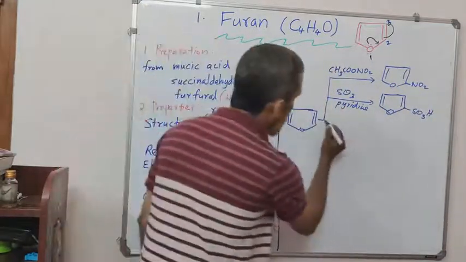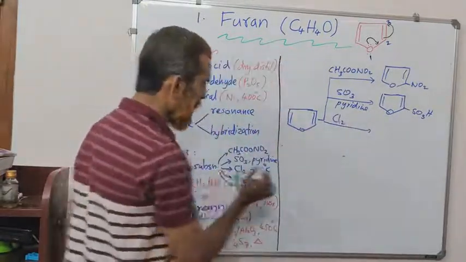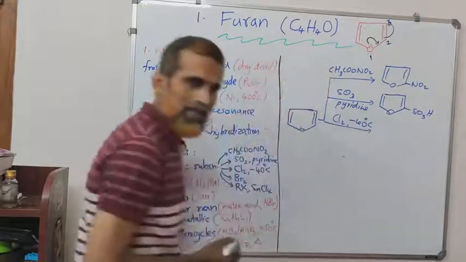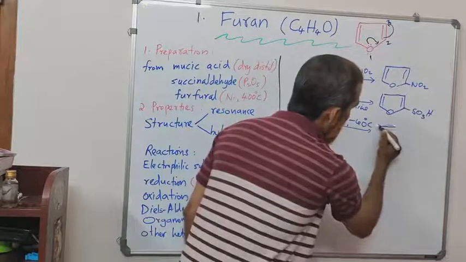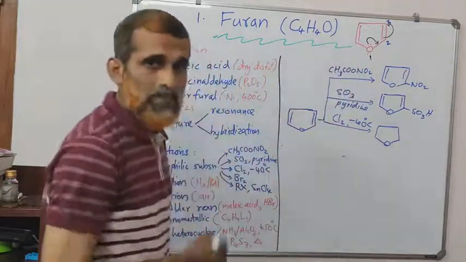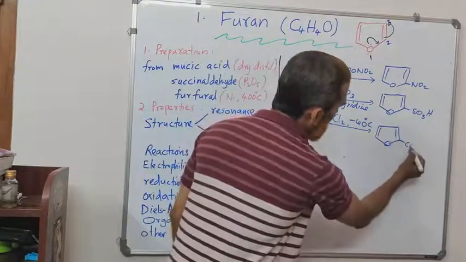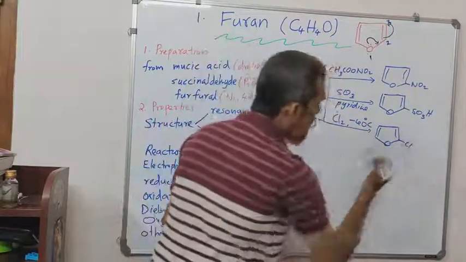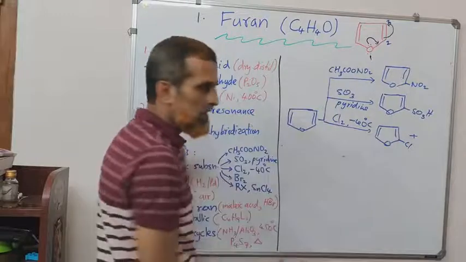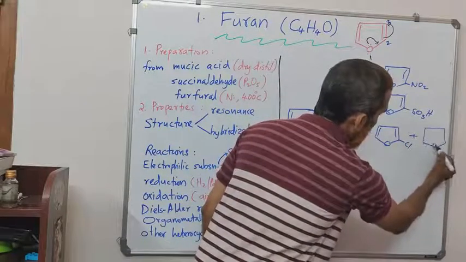Next is chlorination. You can simply chlorinate using the chlorine itself at a low temperature of -40 degrees Celsius. But interestingly, you get a mixture of products. I mean, there is mono as well as dichlorination taking place. So this is the monochloro, that is 2-chlorofuran is obtained, plus you get further chlorination at the next equivalent position.